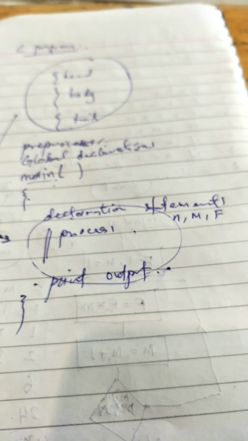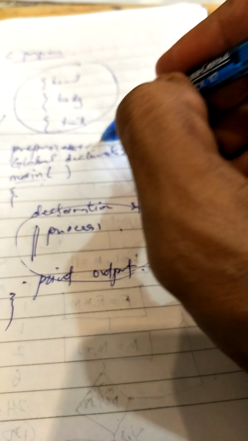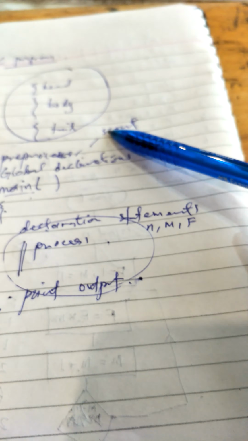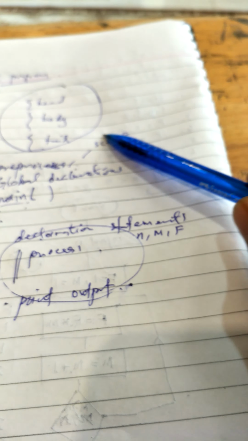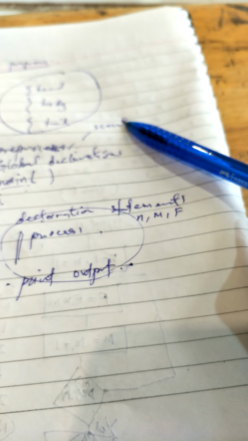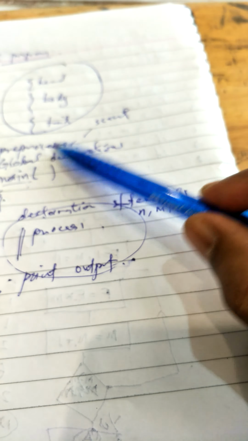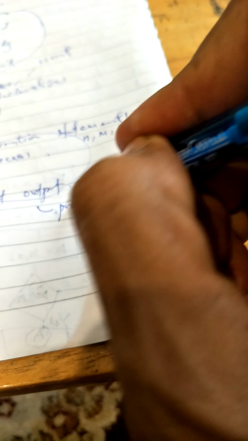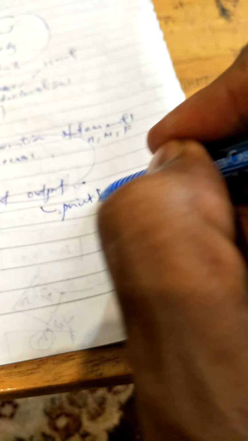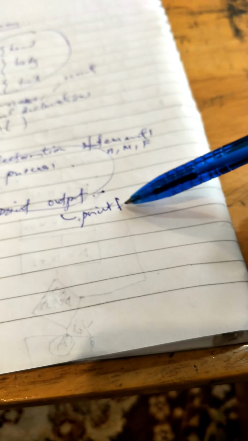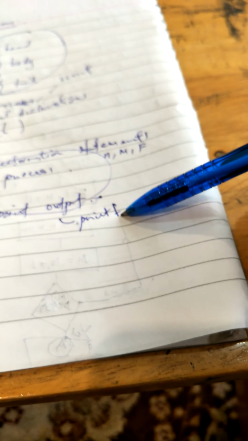Scanf is a standard input that the C compiler provides. So this we call the preprocessor. To print in C we use printf. Okay, printf is the standard output for C.